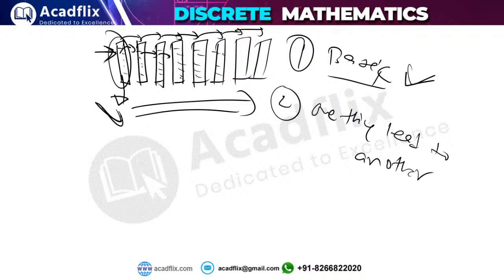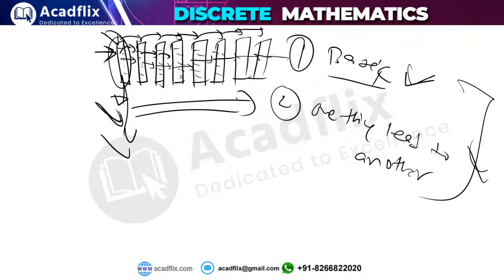Like here you can see, pushing this was the basic task you have done. Now you can see one thing is leading to another. So if these two things are true, then every rack will fall.